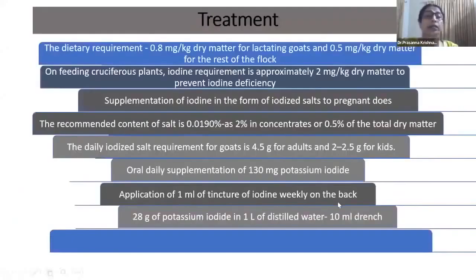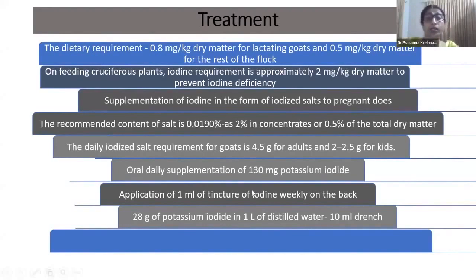So we can treat this condition, or we can also prevent this condition. We have to know that the dietary requirement is 0.8 milligram. Again, I'm not giving much stress to these figures because it all depends upon the locality, geographical importance and the soil of that particular area. But see that the daily iodized salt requirement for a goat is 4.5 gram. Once we start iodized salt, that has greatly improved this condition.